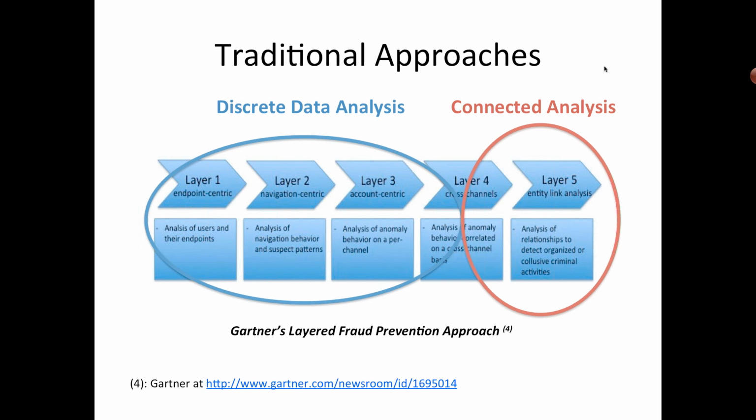And in discrete data, you look at patterns and observe patterns of behaviors, but not necessarily trying to connect each of these individual data points. And what Gartner has seen is that this is often not enough, and the next frontier in catching fraud now is in connected analysis.